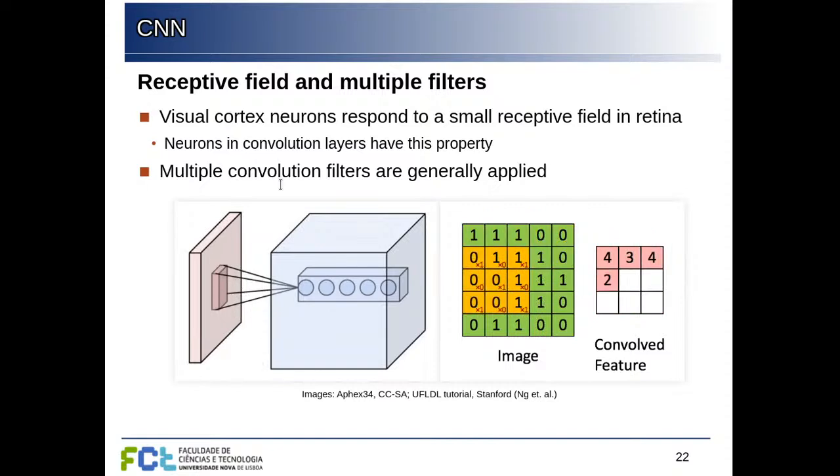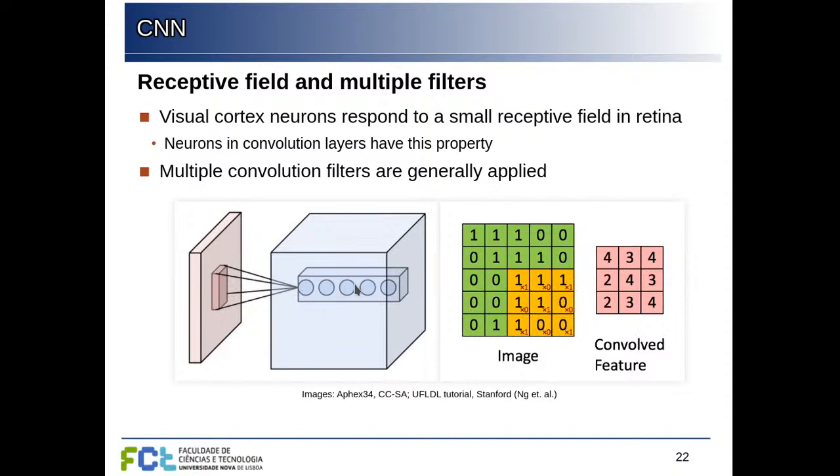So this will depend on the size of the kernel. Of course, it will also depend on the intervening layers, but if we consider the first convolutional layer, we can have something like this. Each of these circles represents a different kernel, so the output of a different kernel, and each kernel will have weights for a small region of the input.